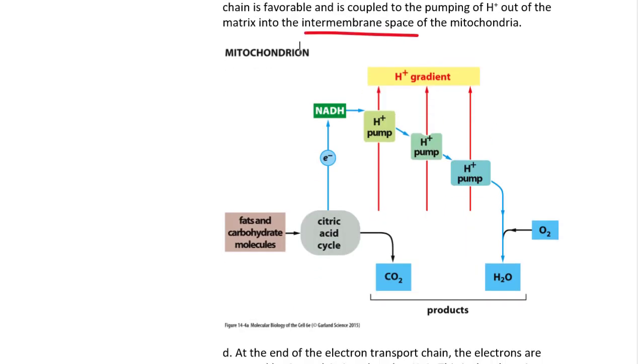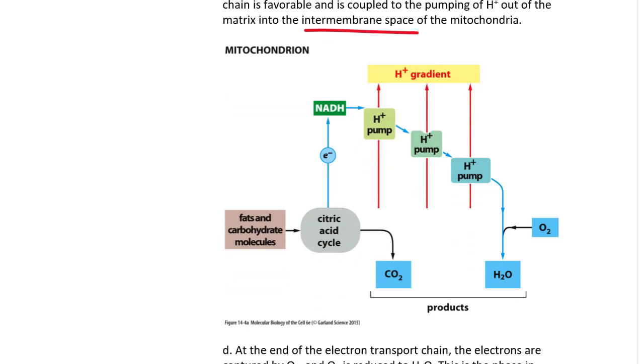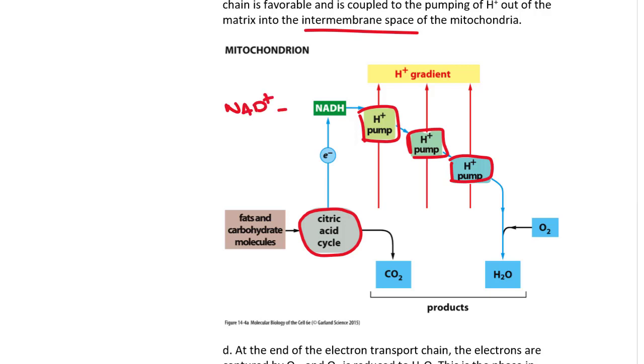Now, here's the electron transport chain. These three proteins are the proteins in the electron transport chain right here. So what's happening in this diagram is that the citric acid cycle is giving electrons to NADH. So basically what all this is, is NAD plus to NADH, okay? Now those electrons are handed off to the electron transport chain and you get your NAD plus back, okay?